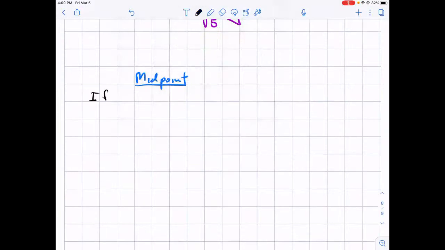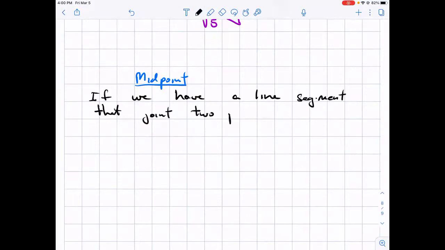If we have a line segment that joins two points, we can find the middle, known as the midpoint.